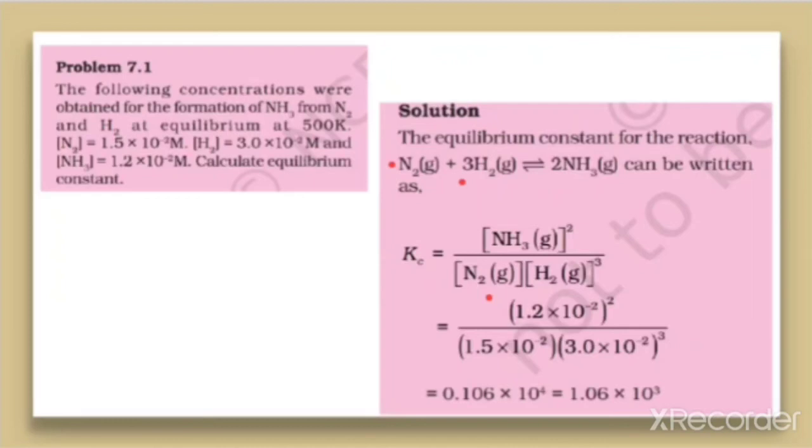Next, 3H2, therefore the concentration of H2 to the power 3. Now, substitute the values given in the problem: the concentration of ammonia, the concentration of N2, and the concentration of H2. When you solve this, you will get the answer.